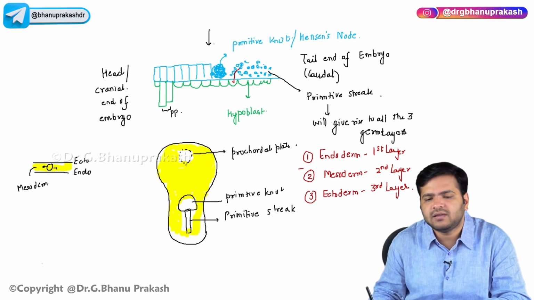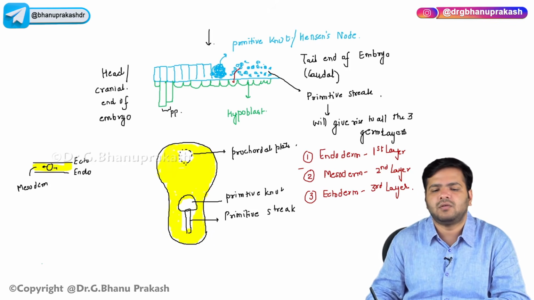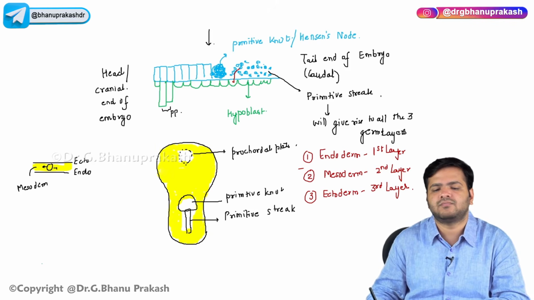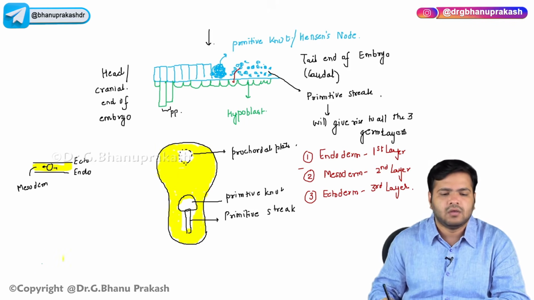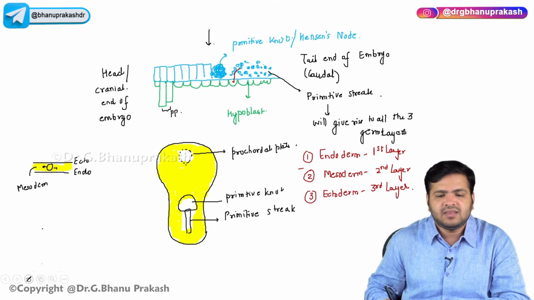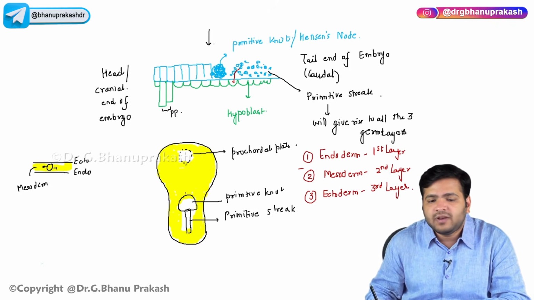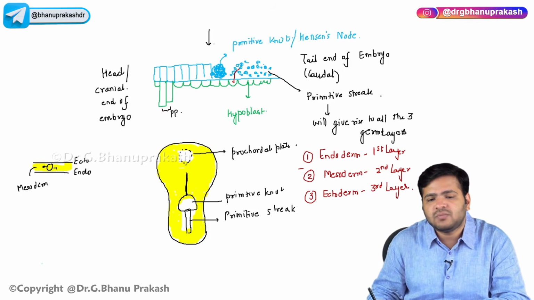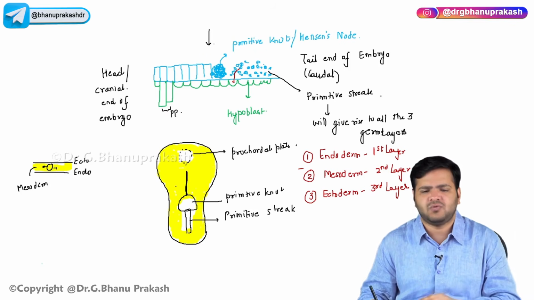I'm just highlighting it. Now you can see that this primitive streak will replace the mesoderm in the midline. It will try to reach the procaudal plate, but it never reaches it, right?